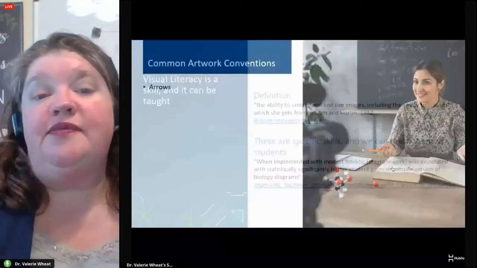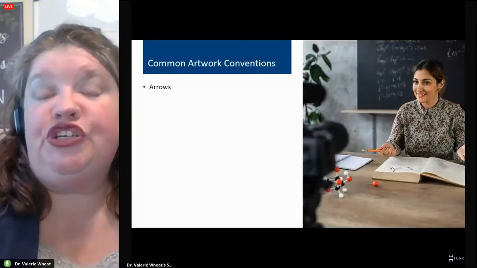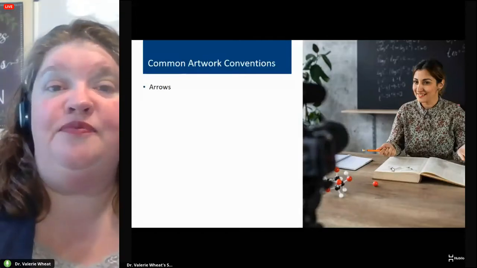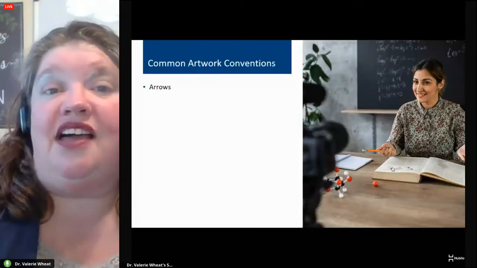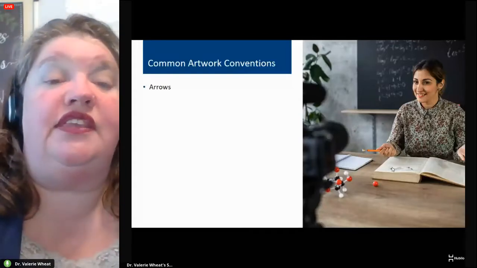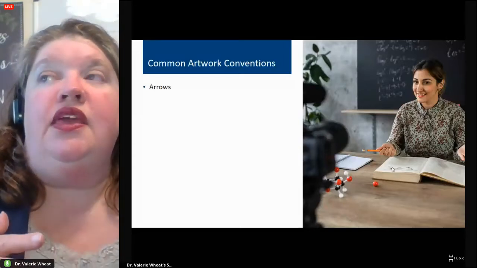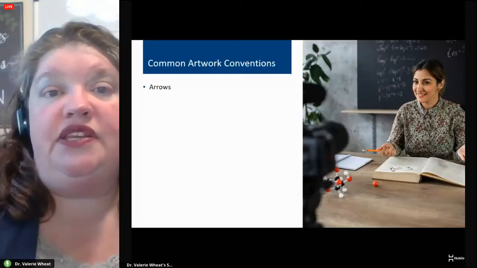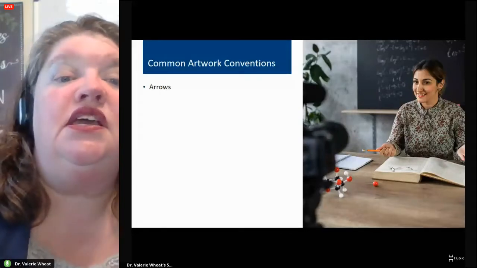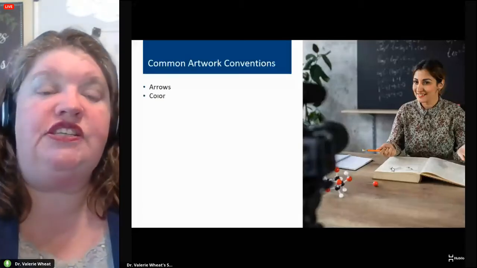So what are some of these common artwork conventions? Publishers tend to spend quite a bit of time and effort and money in the way that they design the artwork. And so they very specifically design some with things like arrows showing a transition from one thing to another, or the passage of time, those kinds of things. Color is another commonly used artwork convention.